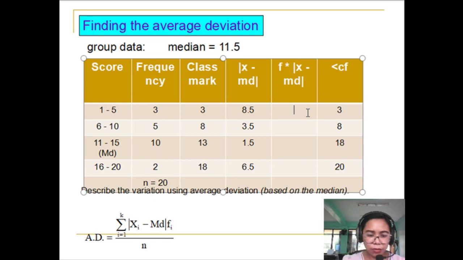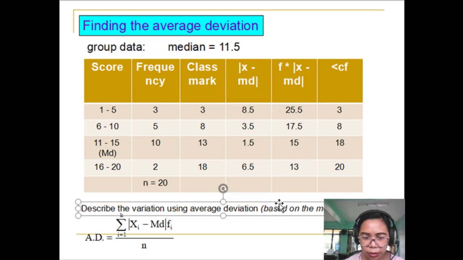So we have 25.5. Then 5 times 3.5. So that is 17.5. Okay, then 10 times 1.5. So that is 15. Then 2 times 6.5. So that is 13.